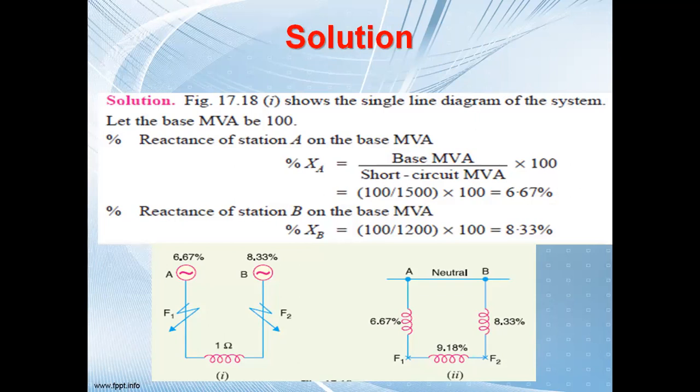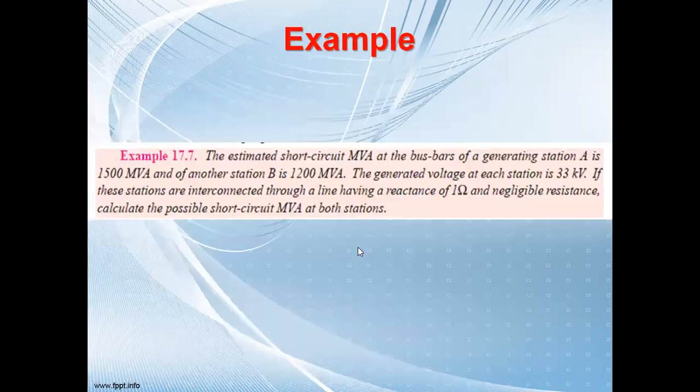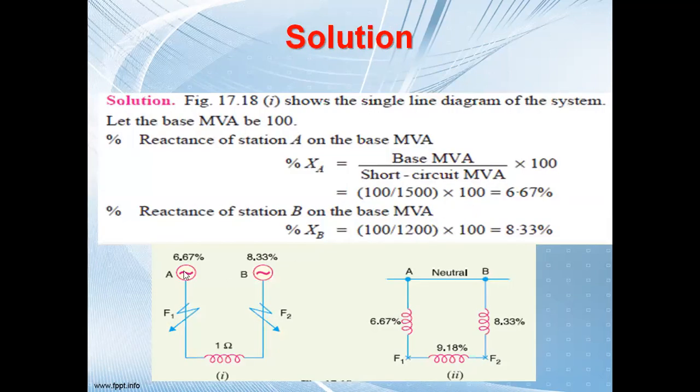Now these two stations, A and B, are connected in parallel, and their percentage reactances we have just calculated. These two power stations are interconnected through a transmission line having a reactance of 1 ohm.